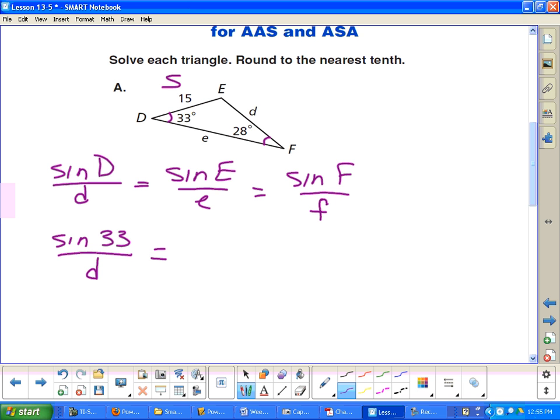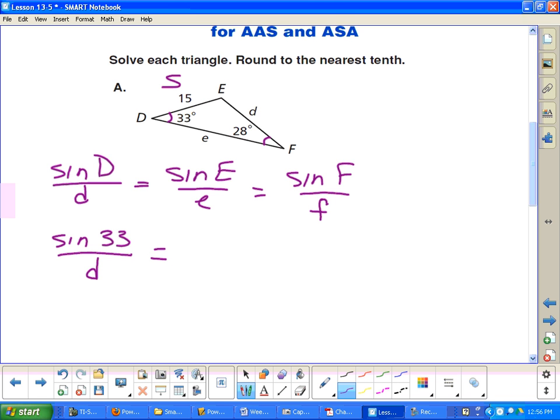Angle E, do they tell us what angle E is? Actually, they do. Okay, in a roundabout fashion, they do tell us what angle E is because what do we know about the angles of a triangle? Okay, they add up to 180 degrees. So that means then that 33 plus 28 plus angle E is 180 degrees.